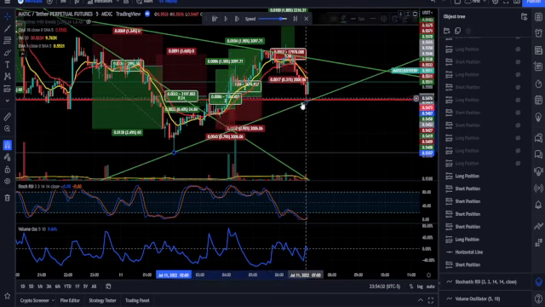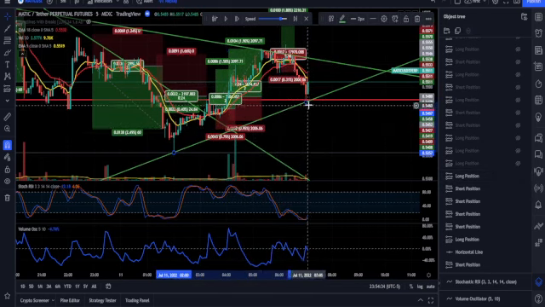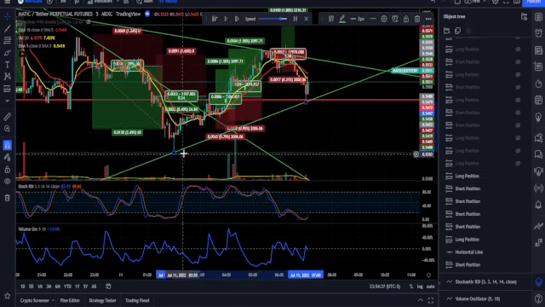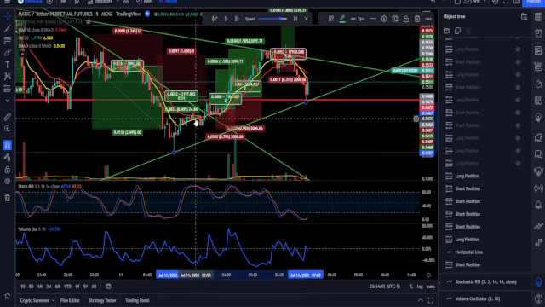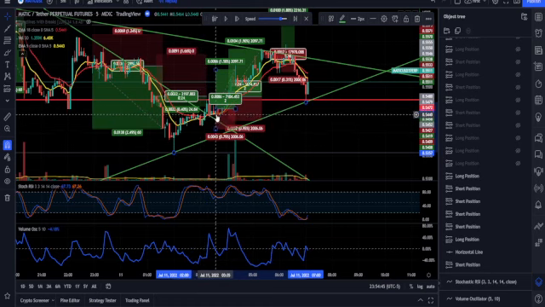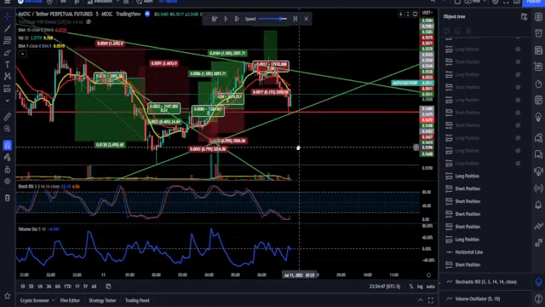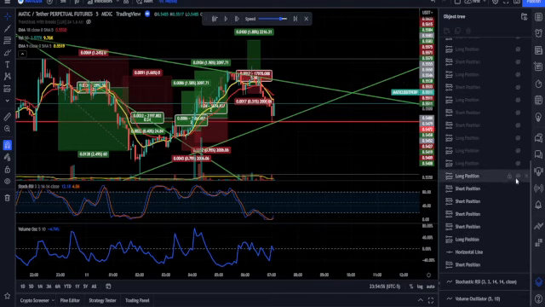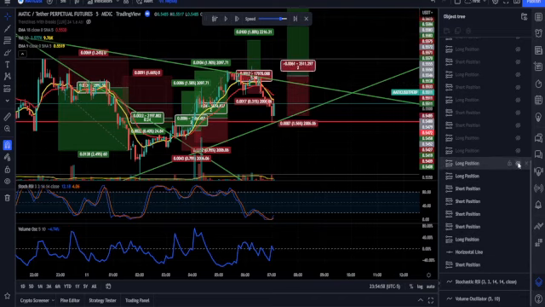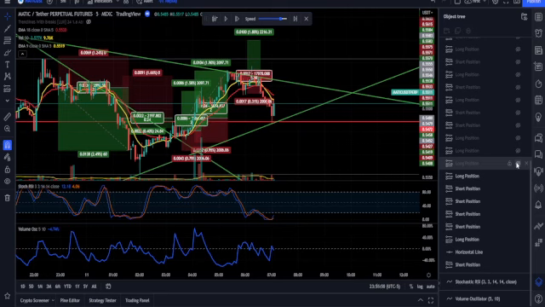So that being said, what I'm gonna do is redraw my uptrend to here until we set a new lower low. If we set a new lower low, that's gonna invalidate this. So yep, that's what I figured.